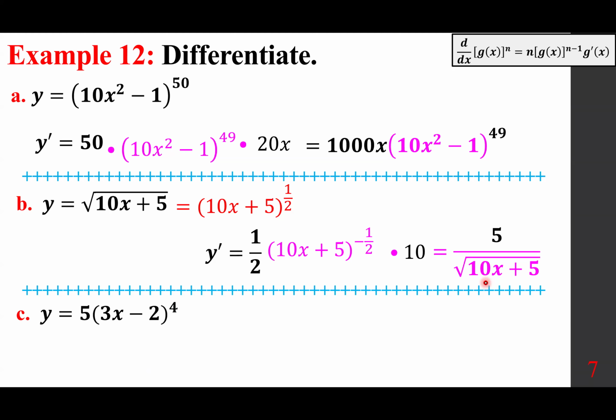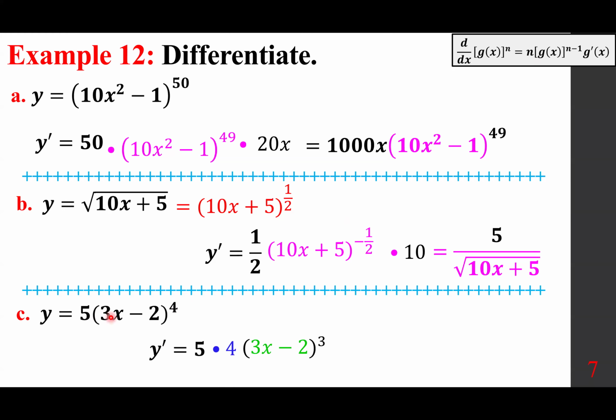What about y equals 5 times 3x minus 2 to the power 4? First of all, we just write the 5, y prime equals 5, so that doesn't change. Then n is 4. Then the same function, the parentheses, to the power of 4 minus 1, because you're going to subtract 1.